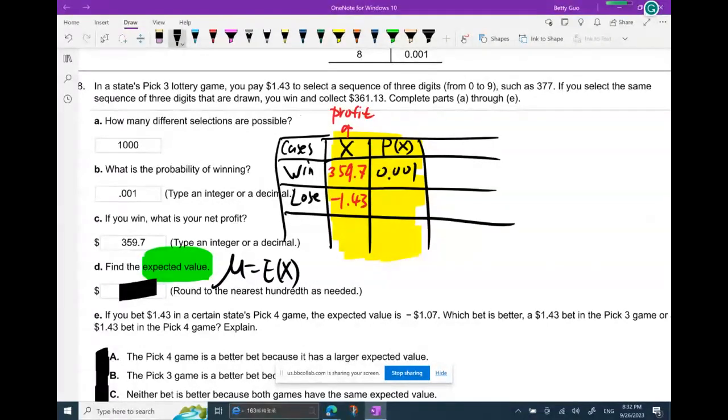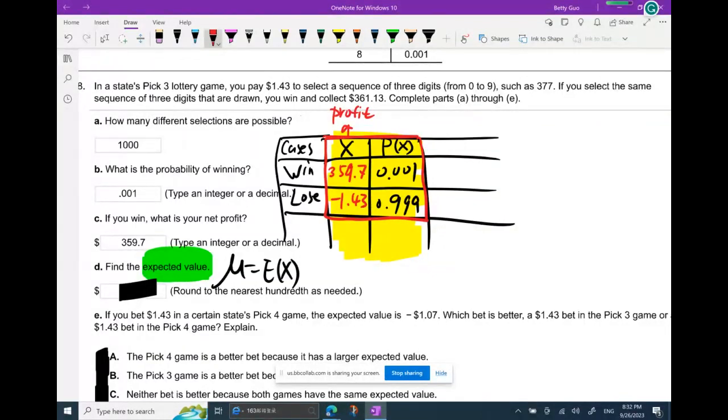Complement. 0.999. Awesome. Perfect. Okay. So the yellow part, guys, if I frame it, that's the probability distribution table of the random variable X, right? Random variable X here is the profit.